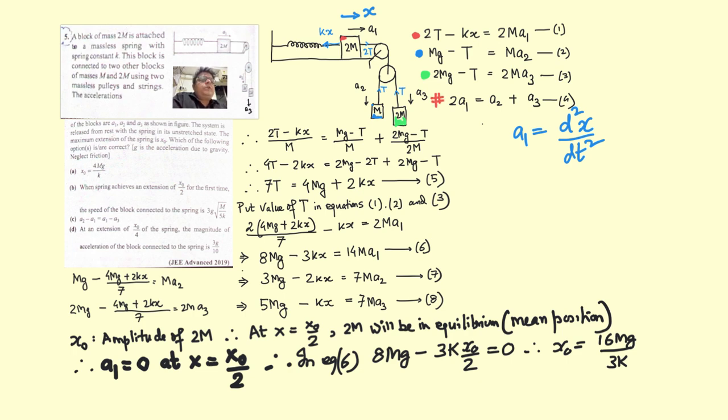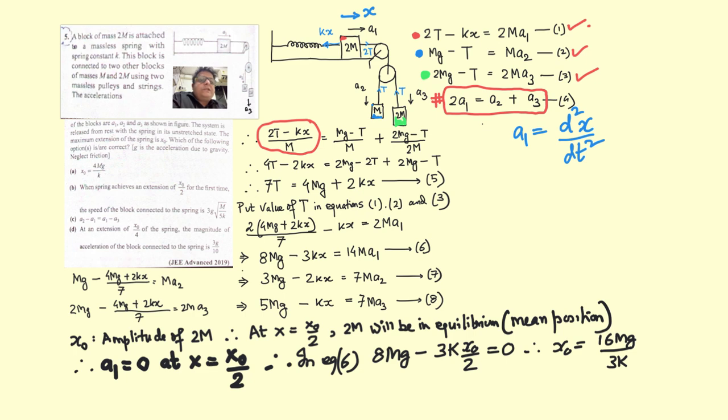Now what I am doing here is calculating from equations 1, 2 and 3 a1, a2 and a3 in terms of T, and I will substitute in this equation 4 and find out T as a function of x, I mean how T and x are related. So a1 is 2T minus kx by m, from equation 1, similarly a2 is mg minus T by m, and a3 is 2mg minus T by 2m.